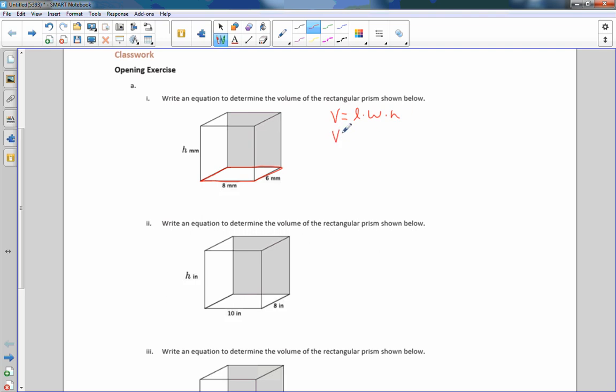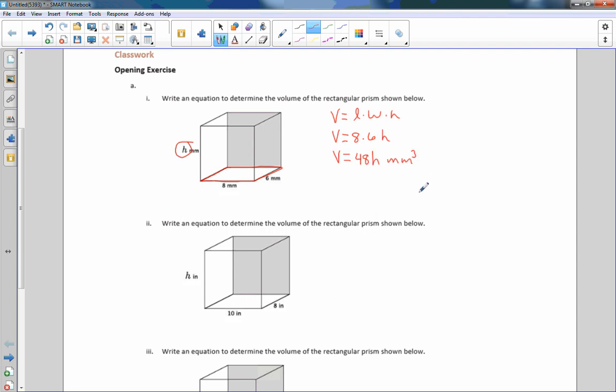So the equation for the volume of this is length equals 8, width equals 6, and the height equals h. So when I do the calculation and simplify, 6 times 8 is 48h millimeters cubed.